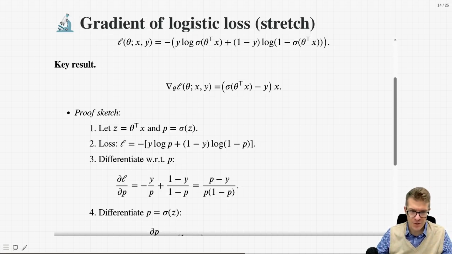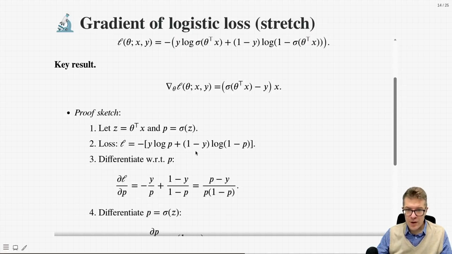The differential of log of x with respect to x is 1 over x. So that's why this term over here becomes this term down here. The minus is carried down. The y, being treated as a constant in this case because I'm differentiating with regards to p, is brought down. And then the differential of log p with regards to p is 1 over p. That's why the p comes down here. And I'm halfway there. So I've differentiated half of my loss so far.